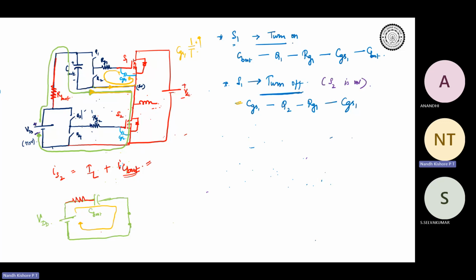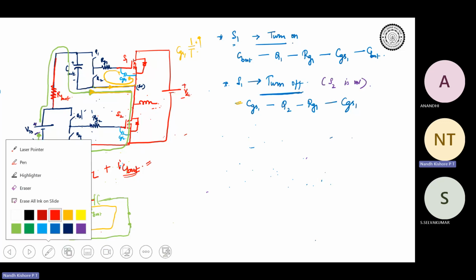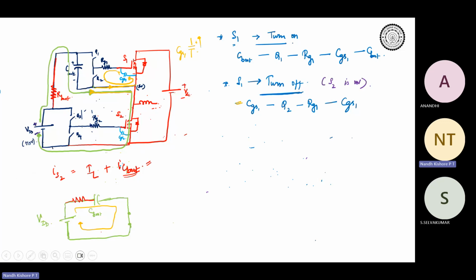One point is, during the S1 turn on condition, we said that the current will go from C boot, Q1, RG1, CGS1, and then back. Something like this. But you can imagine that the current from C boot has two parts. One is through Q1, the other can be backflowing, as sir is telling. You don't want that.